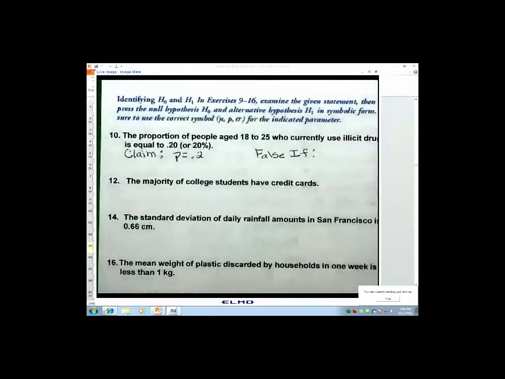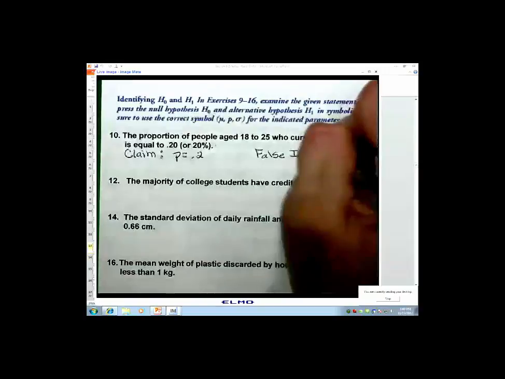Anytime you claim something is exactly something, you're probably going to be wrong. There aren't a whole lot of things that are exactly anything. Well, that's not alternative yet. That's what makes the claim false. The claim is false if p is anything other than 0.2.